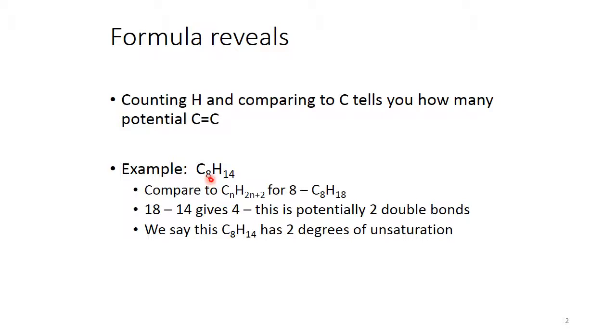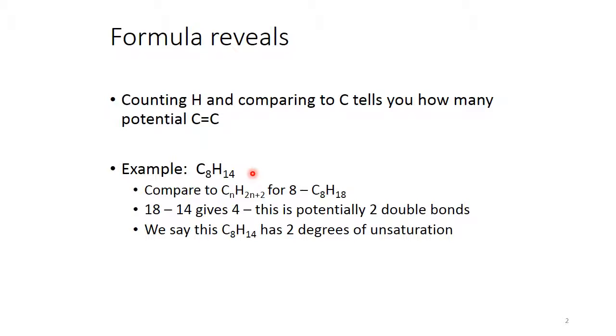For instance, we're given this formula, C8H14. If I do 2n plus 2 for 8, I get 16 plus 2 more, which gives me 18. So a fully saturated 8-carbon compound would have 18 hydrogens. But there are 14 hydrogens in this compound, so that's 4 less hydrogens than what you would need for full saturation.